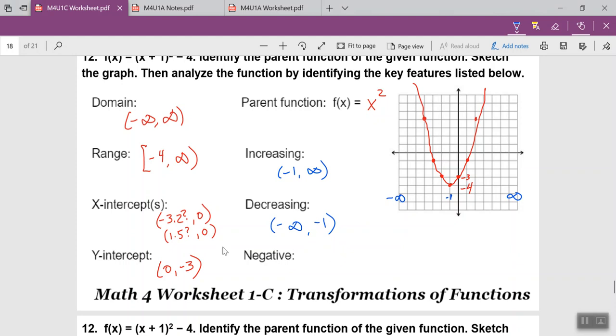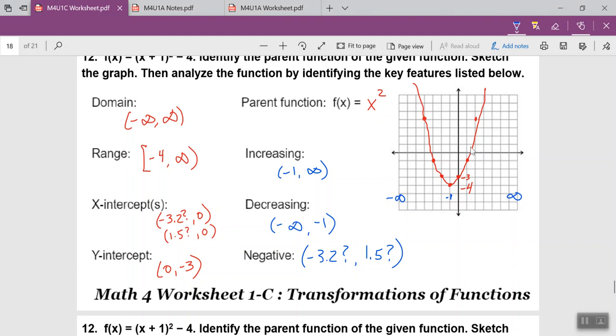The negative values, we're going to come back to these x-intercepts, and it's going to be about -3.2 as far as 1.5. And of course, we can't include the x-intercepts themselves because they're 0 value, not negative, not positive.